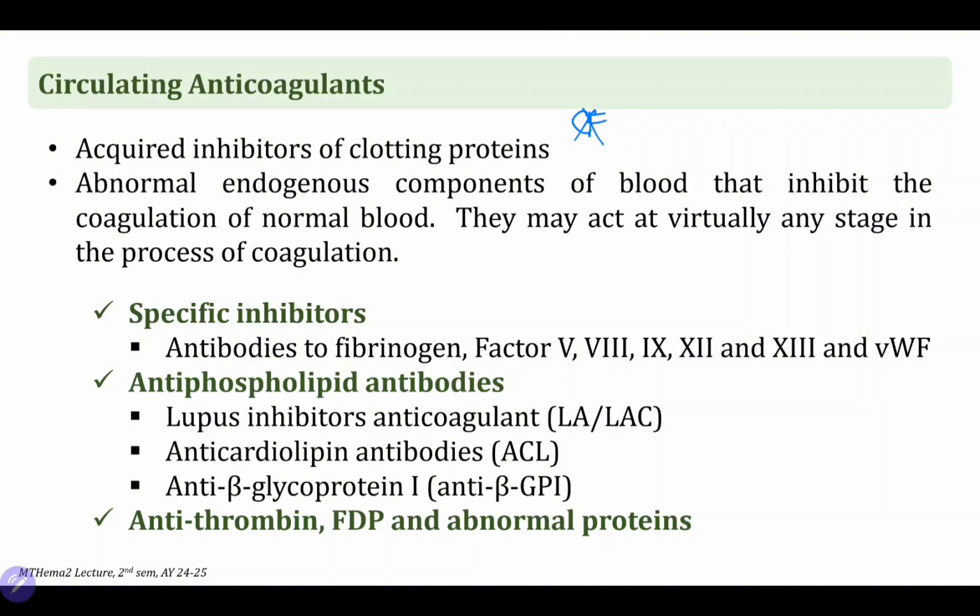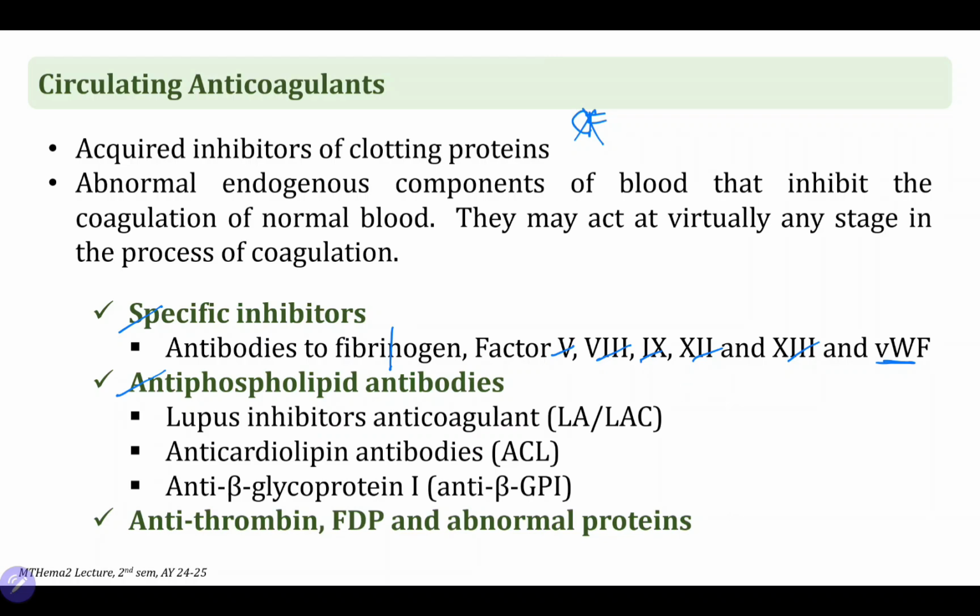Now you have your different circulating anticoagulants. This could either be a specific inhibitor, meaning they are antibodies specific to your coag factors, such as factor 1, 5, 8, 9, 12, and 13, and also von Willebrand factor. It could also be the presence of anti-phospholipid antibodies, wherein these protein complexes adhere to your phospholipids, which are also important in your hemostasis.